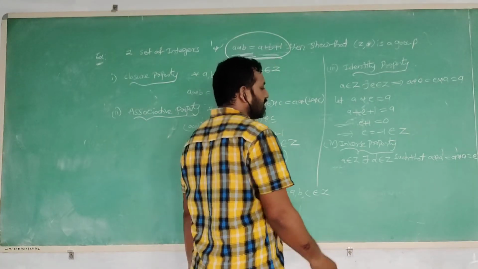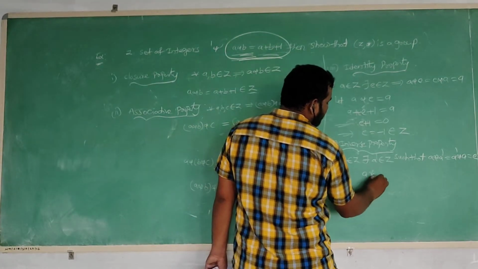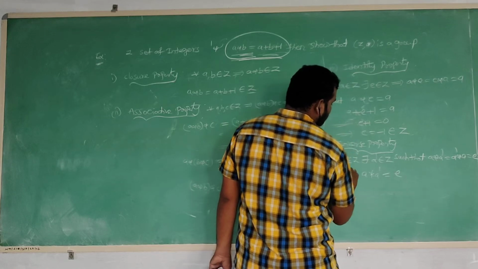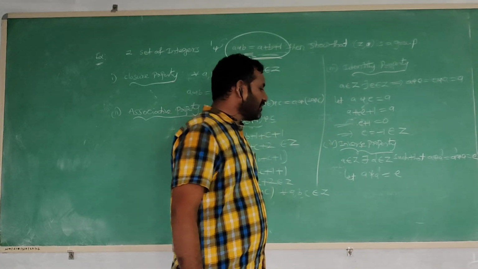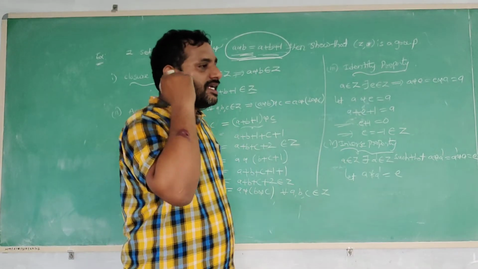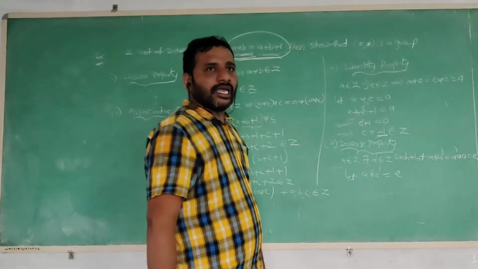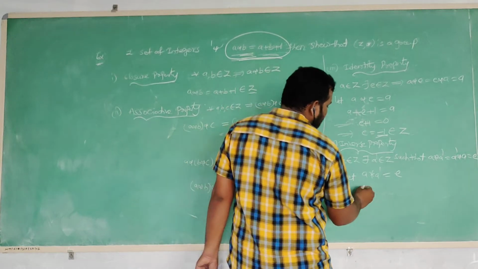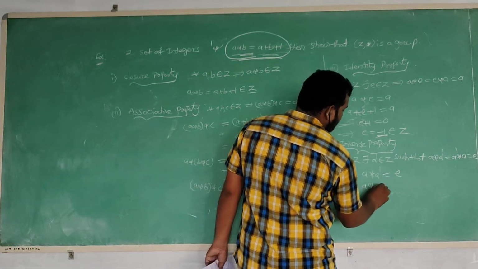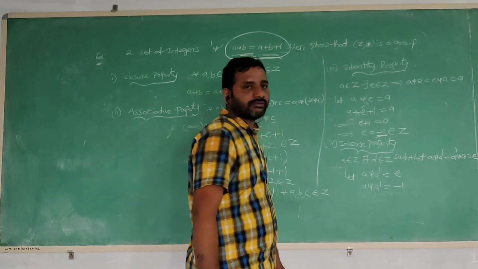Now I am taking a * a dash equals e. What is the identity element here? The identity element is e equals minus 1. Then a * a dash equals minus 1.